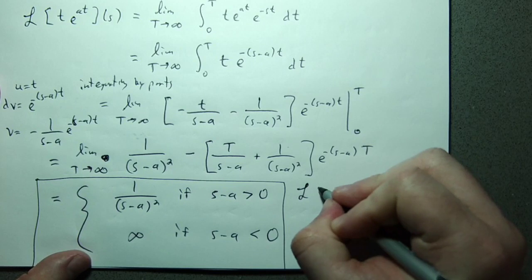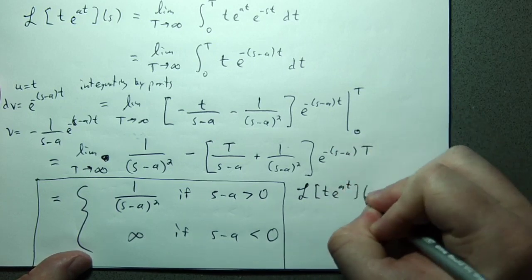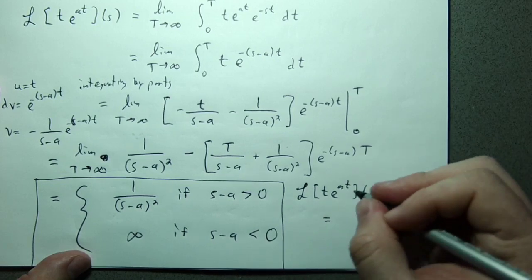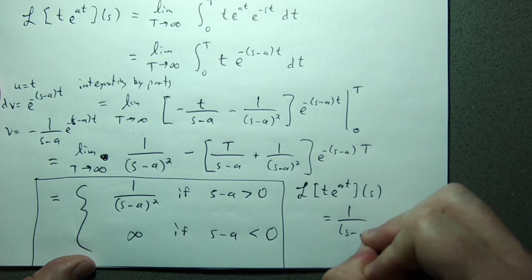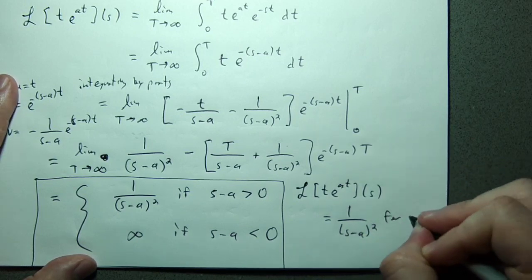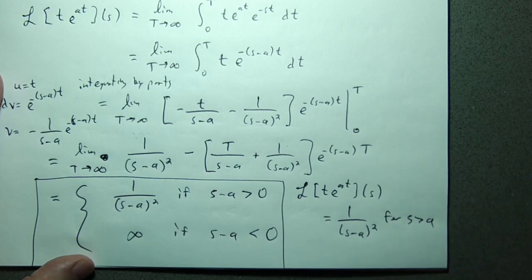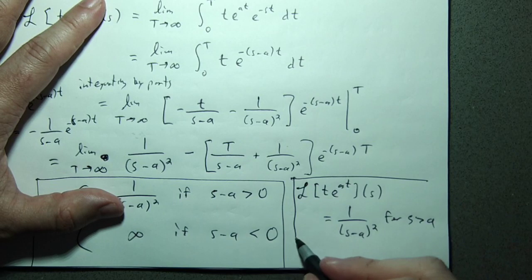So the Laplace transform of t e to the at of s is 1 over s minus a all squared for s bigger than a. Okay, so that's my Laplace transform.